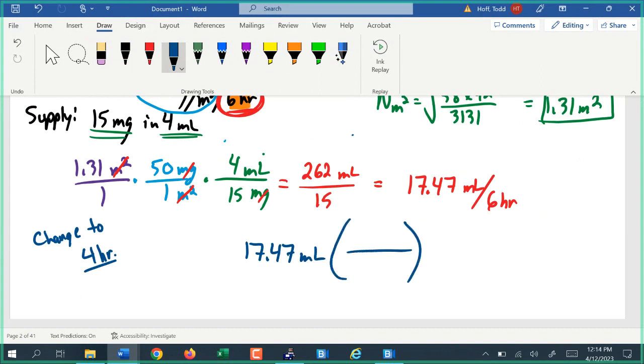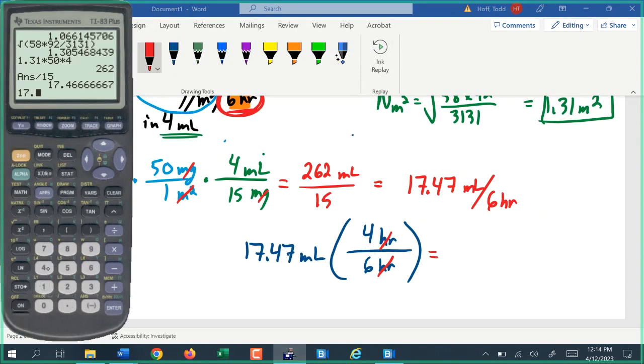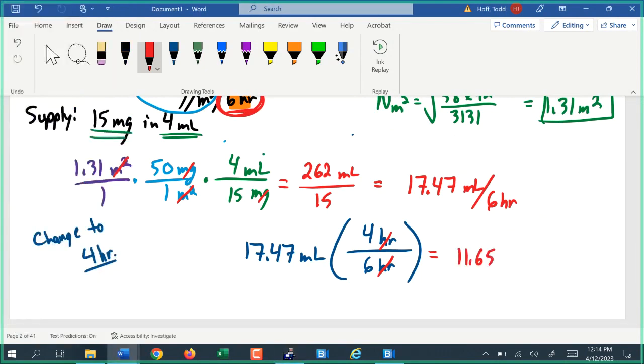Again, the bottom of our ratio here is what we used, which is the 6 hours. The top is going to be what we want to change it to, which is the 4 hours. So the hours cancel out. 17.47 times 4 divided by 6 gives us 11.65 milliliters, and that's every 4 hours.